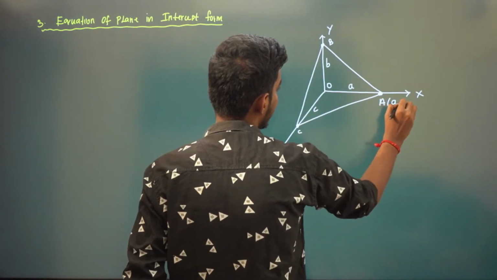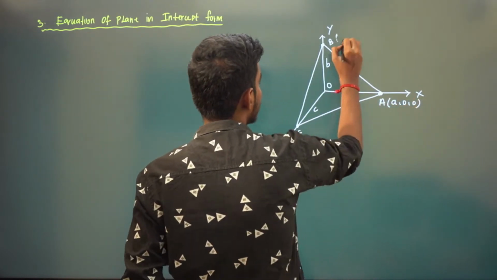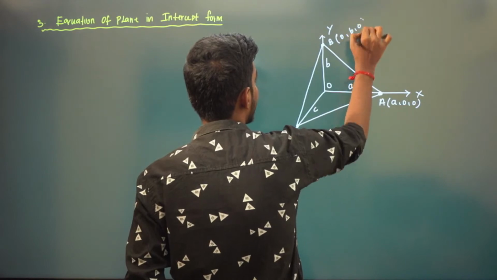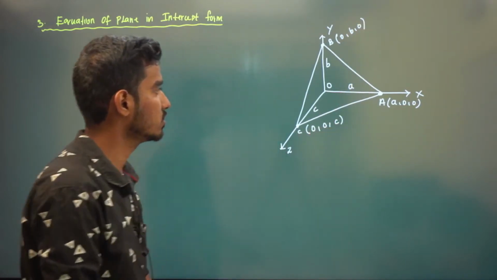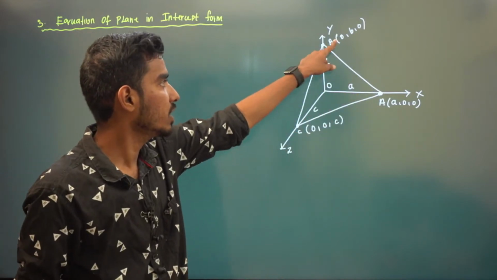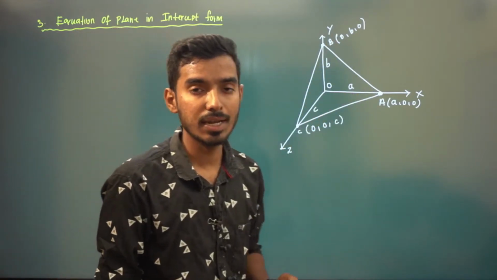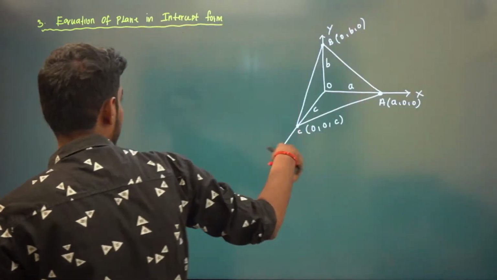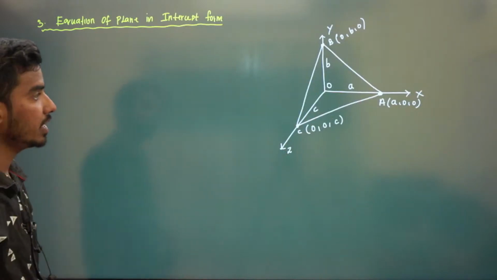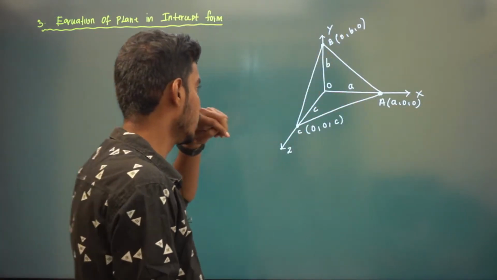This point will be (a, 0, 0), this point will be (0, b, 0), and this point will be (0, 0, c). This is our x-intercept, this is our y-intercept, and this is our z-intercept, right? So intercept means x is something and y and z are 0. Okay, so we're going to find the equation of this plane having the intercepts a, b, c.